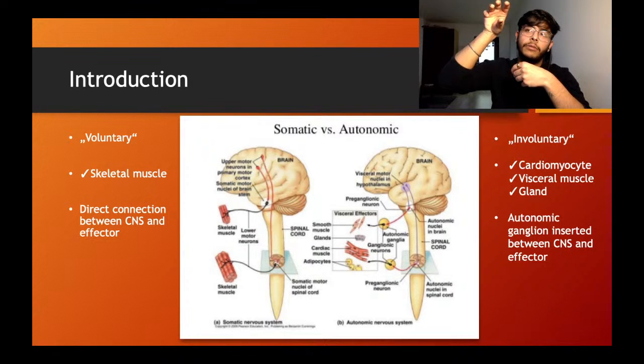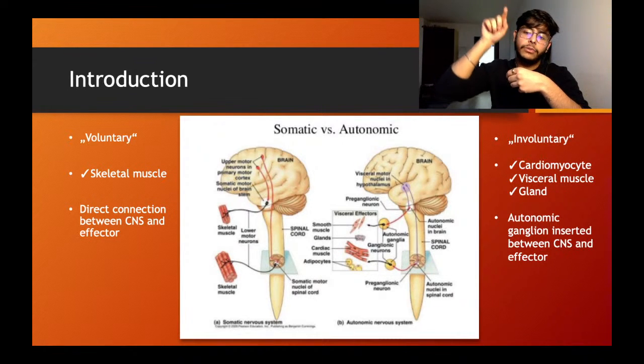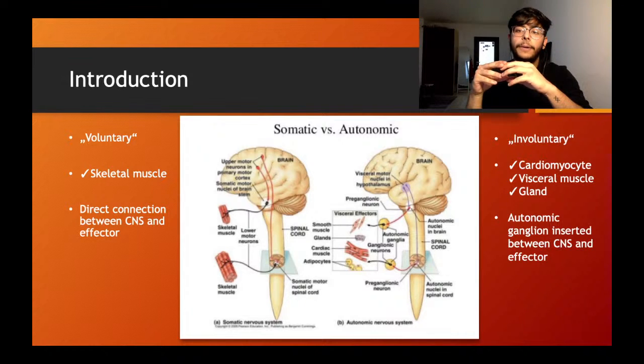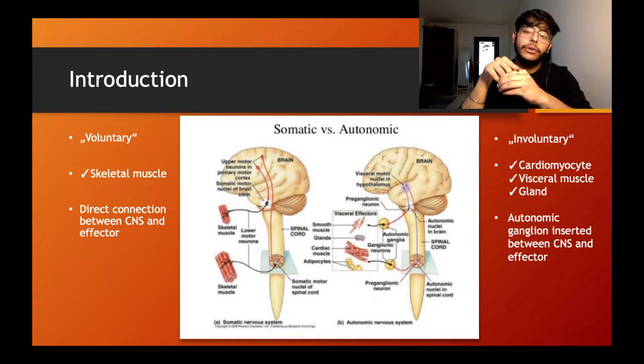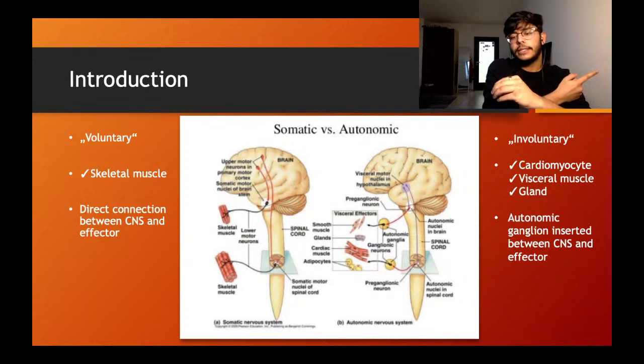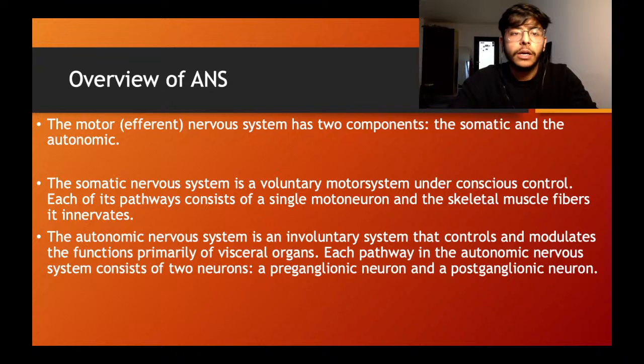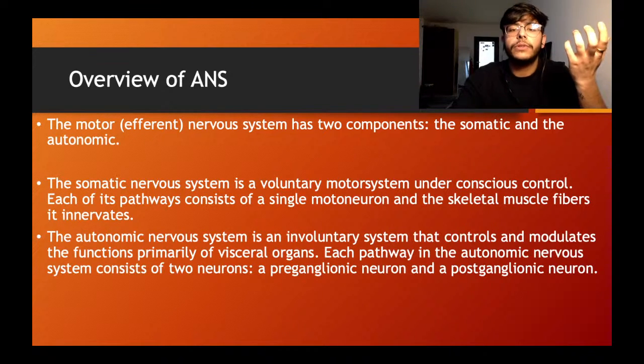So one neuron comes from the CNS to a certain checkpoint, or ganglion, where it synapses onto a second relay neuron, which then takes the signal to the effector. Basically recapping the same idea: preganglionic neurons and postganglionic neurons are essentially what I was talking about.